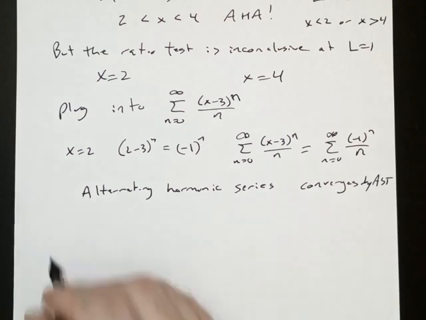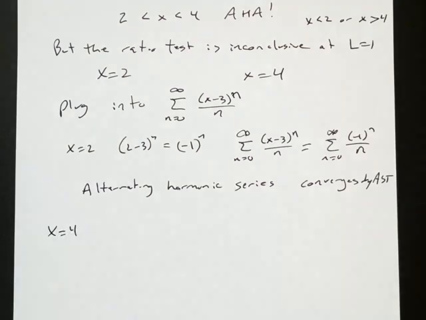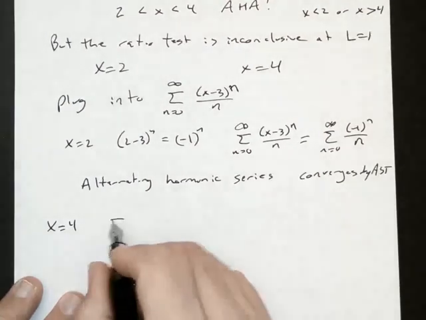What if I plug in 4? Yeah? That would be 1 to the n over n.